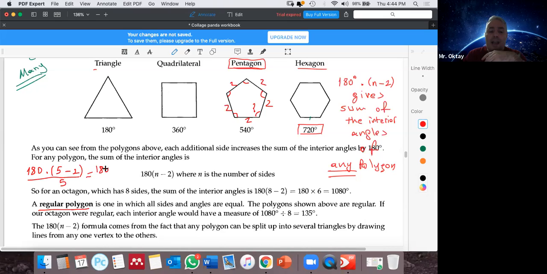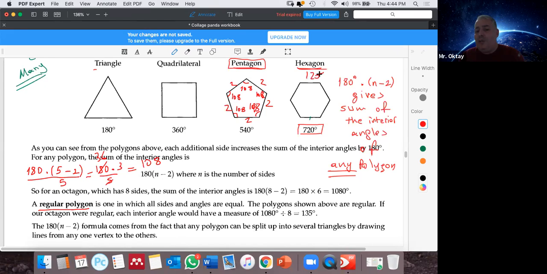So 180 times 3 over 5 will be one angle. If we calculate, you probably will not use a calculator here: 3 times 180 is 540, divided by 5 is 108. So this is now 108, this is 108, this is 108, 108 and 108.